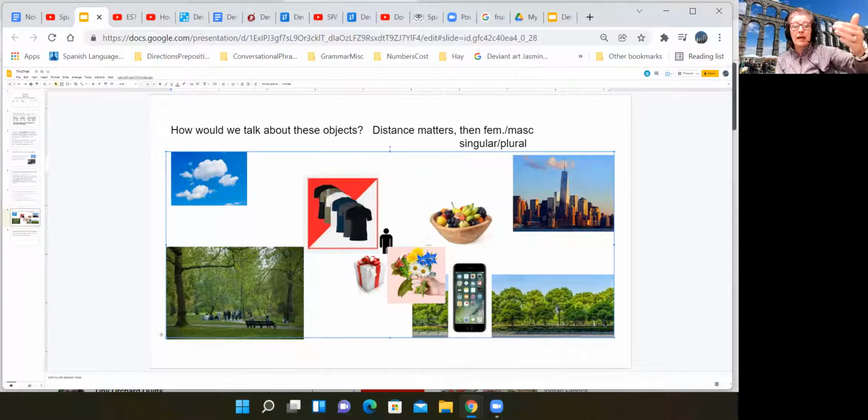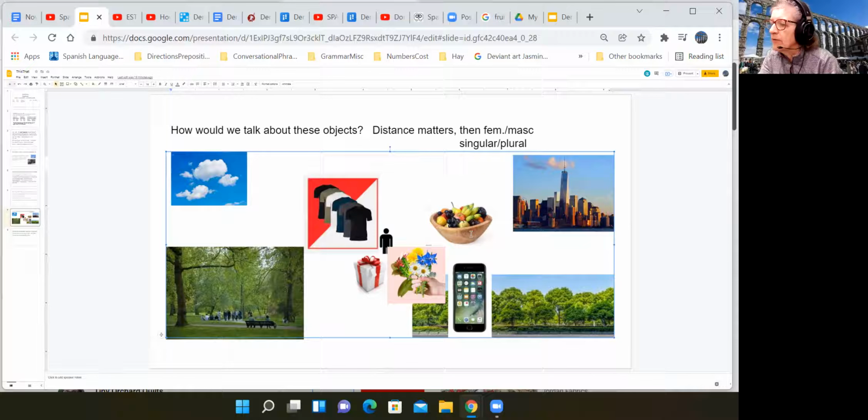Esta, this one, esa, that one, aquella, that one over there. So it is all relative, but if he's got them all lined up, aquella is going to be the one that's farthest out. ¿Lógico o no? ¿Sí? Sí, bien, okay. Vale, magnífico.